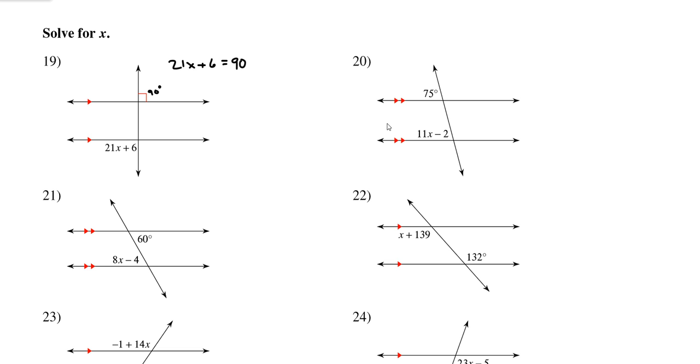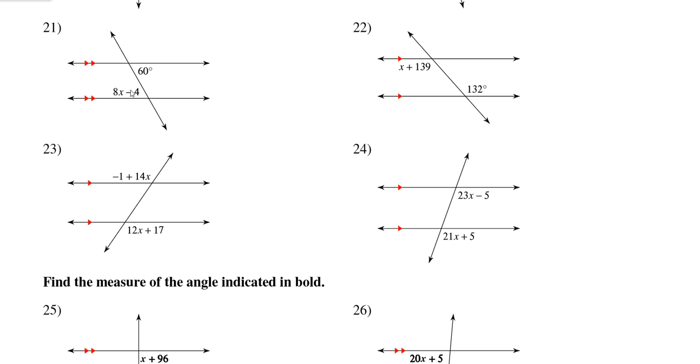That's the idea. So here, these are corresponding, so they are the same angle measure. They're congruent, so they're equal to each other. So 11x minus 2 is the same as 75. On 21, these are alternate interior, so they're congruent. So 8x minus 4 is the same as 60. And on this one, these are alternate interior, so those are congruent.